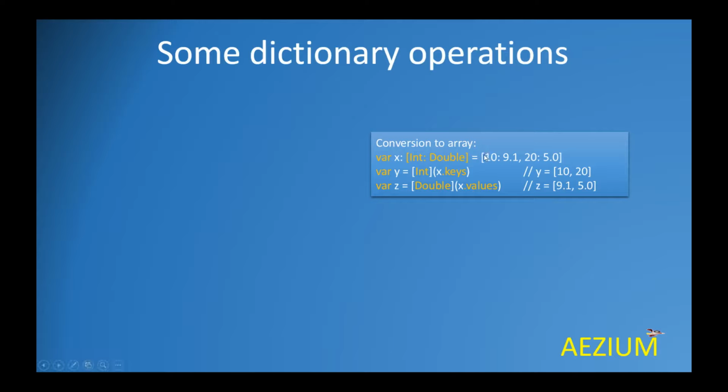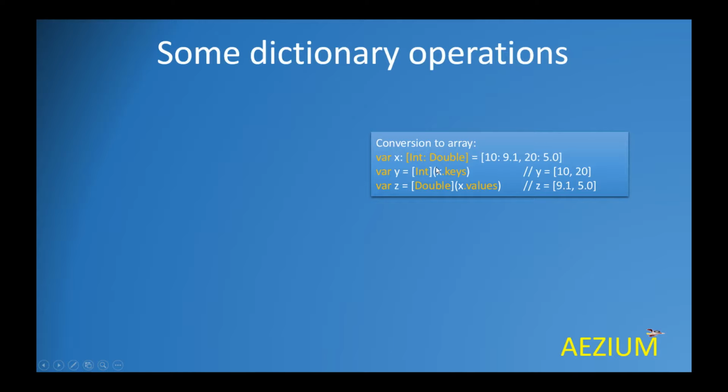We could extract the keys or the values of dictionaries. To do that, we use the keyword .keys or .values, and we put those in front of the name of the variable. So x.keys here extracts the keys of dictionary x, and x.values down here extracts the values of dictionary x.